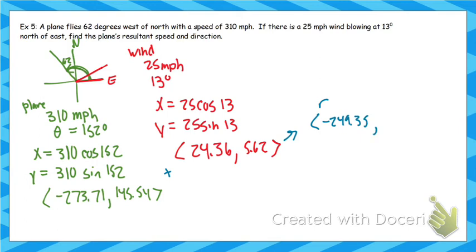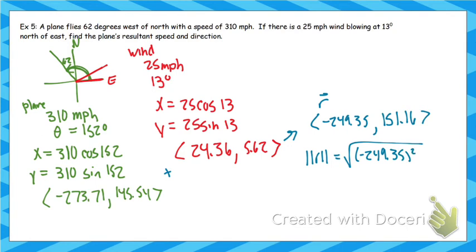Let's do the y's, add them together, 151.16. That's our resultant. Magnitude, Pythagorean theorem, put that negative in parentheses. Plug that into a calculator, you get 291.59 miles per hour.